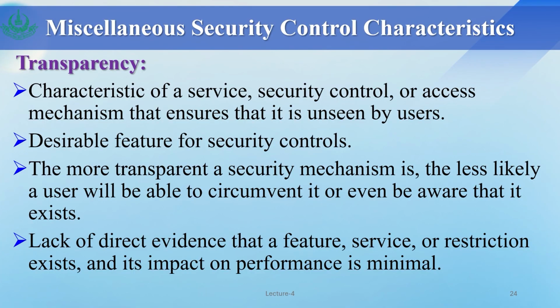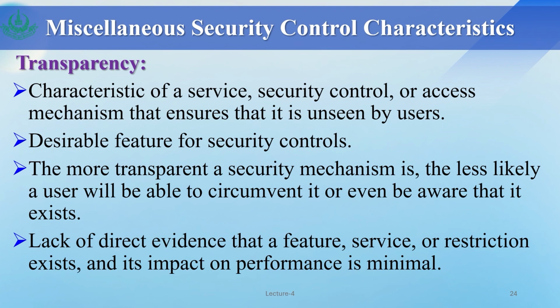Miscellaneous security controls include transparency, characteristics of service, security control, and access mechanisms that ensure that it is unseen by the user, when the normal end user is unaware of internal terminology or logical connections, with the feature disabled for security controls.